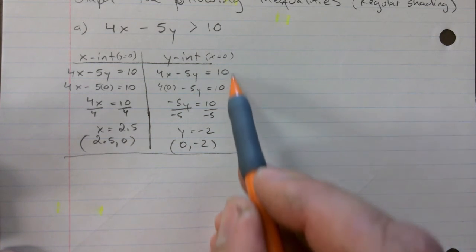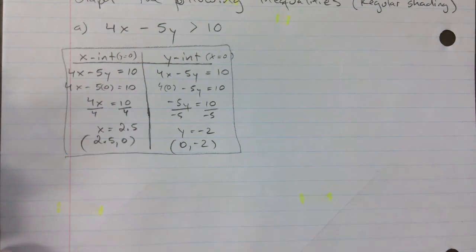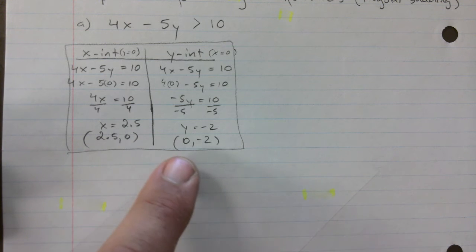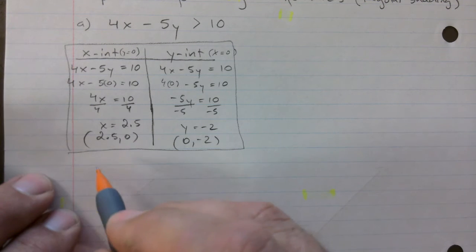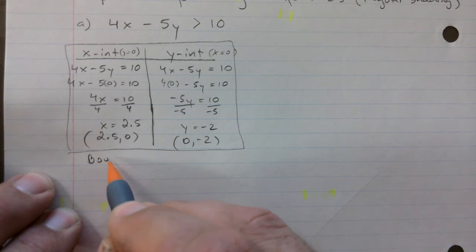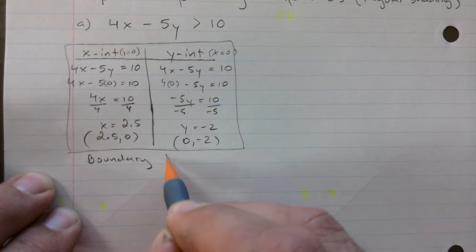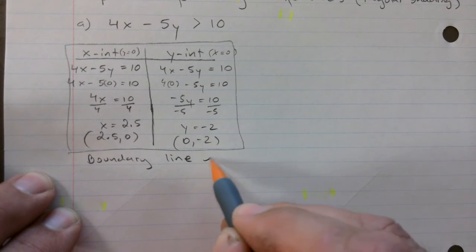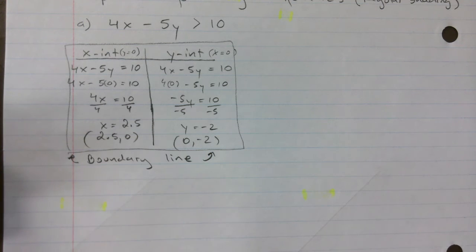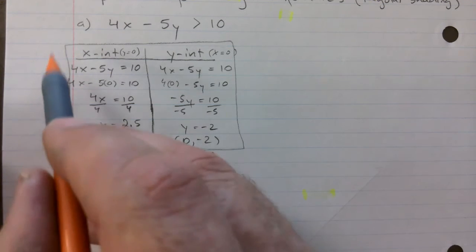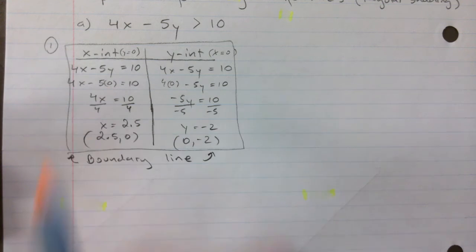Box that in, keep it aside. So these are the intercepts that we're going to use to graph our boundary line, right? So this would be step number 1, so to speak.